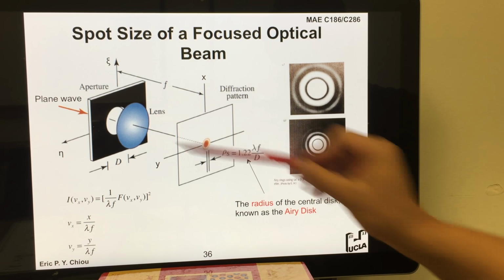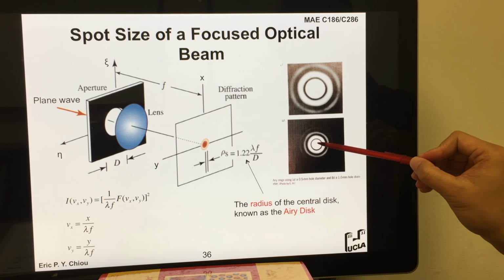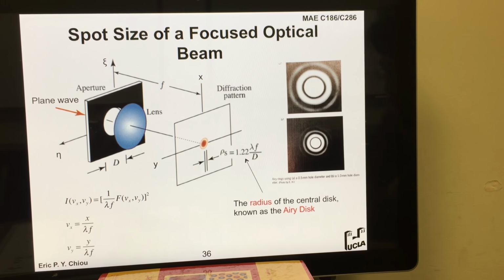And if that diameter is big, you can have a smaller size of this disk here. So this actually determines the minimum spot size you can detect in the optical system. What determines that?